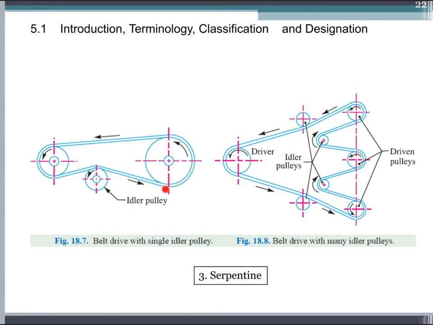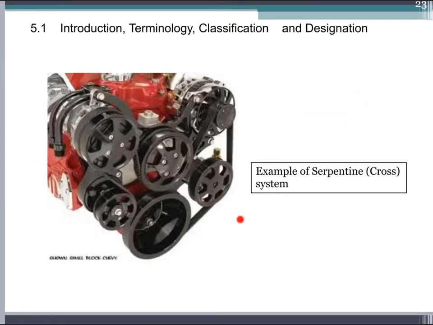We can use one idler pulley in a belt system, or we can use several idler pulleys. Let's say for this example, we have 1, 2, 3, 4 idler pulleys used in one belt system. This is an example of a serpentine belt drive system in an engine. You can see here.